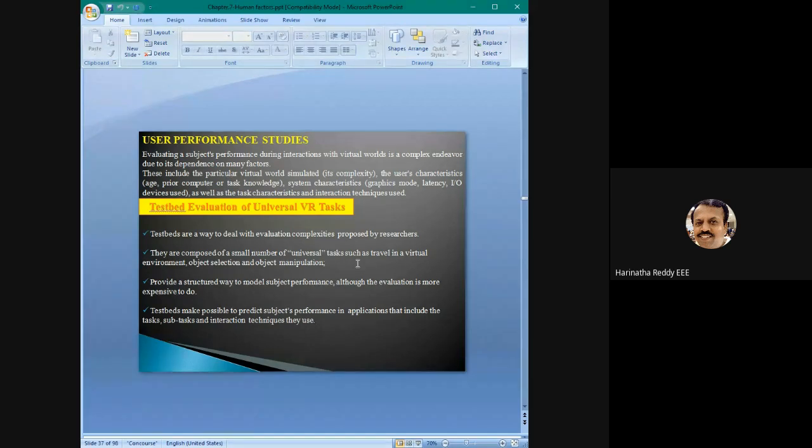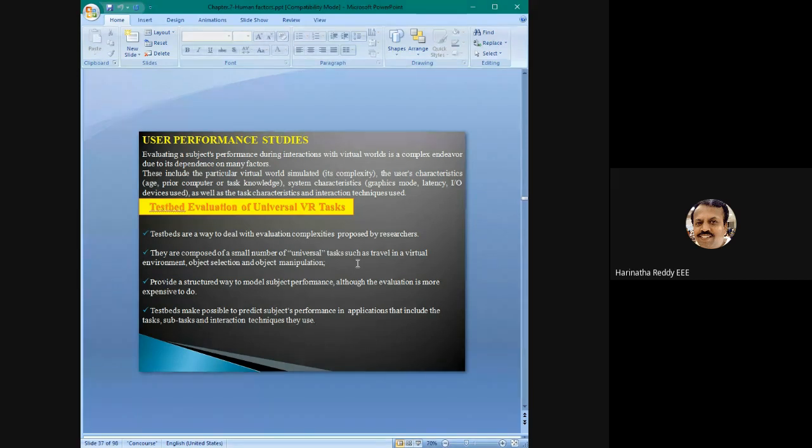I once again repeat that user performance studies are very important, because the user characteristics like age, prior computer knowledge or task knowledge, or even system characteristics, clear, or even task characteristics and interaction techniques play an important role on the user performance. User performance and general users means human beings only.